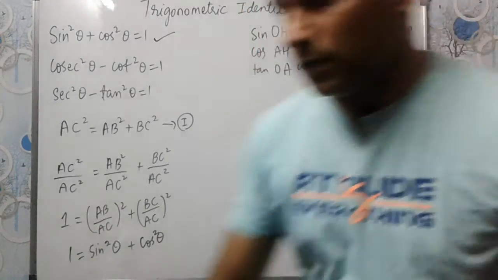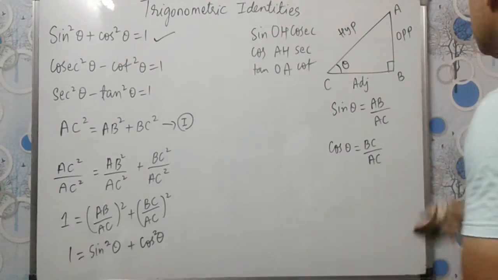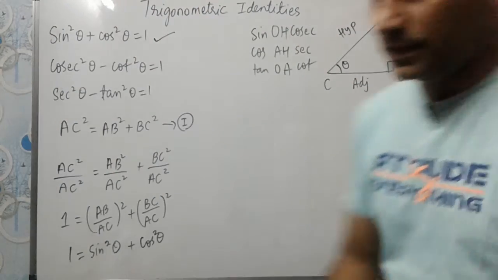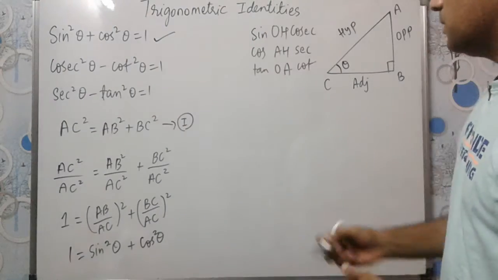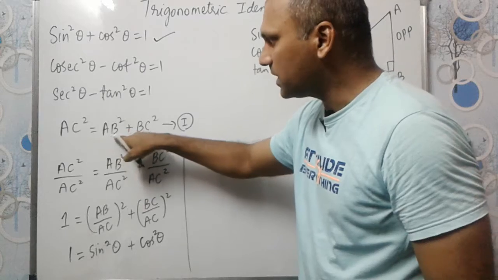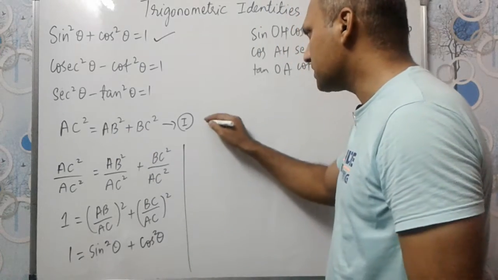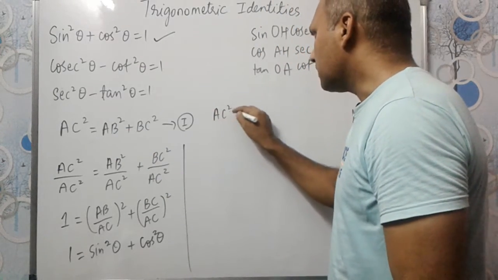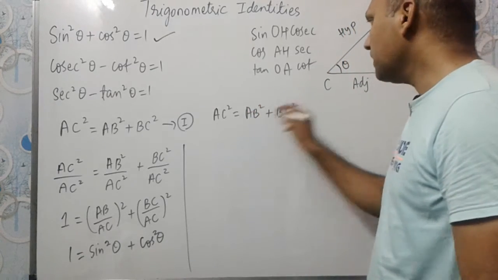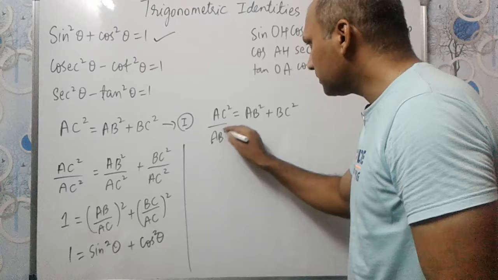Now to derive the next identity, let me just rub this part. We'll take the first equation and divide both sides by AB square.